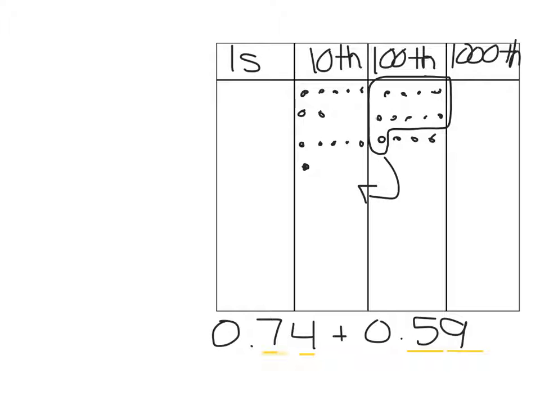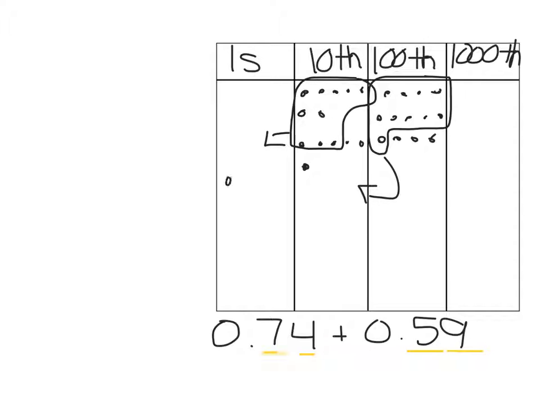And we'll take a look now and see how many tenths we have. And I can see that I have 1, 2, 3, 4, 5, 6, 7, 8, 9, 10, 11, 12, 13 tenths as well. And I know that if I have 10 tenths, I can bundle them together and take them on over to my ones place. So I'm going to bundle together my 10 tenths, and I'm going to move them over here to my ones place.